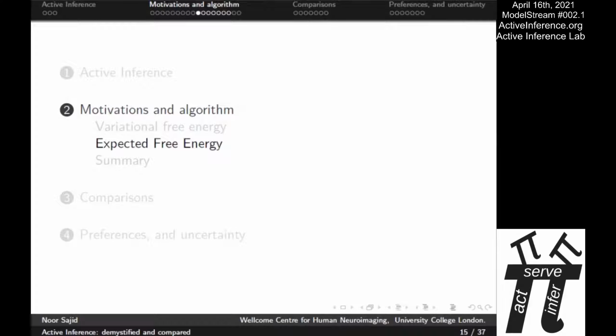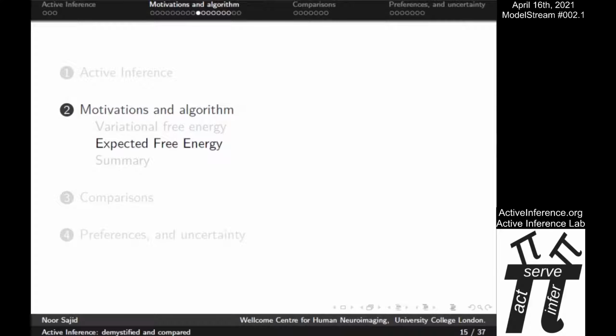Okay, so the variational free energy gives us a way of perceiving the environment and addresses one part of the active inference formulation, which is making inferences about the world the agent is interacting with at a given point in time. However, we have not accounted for the active part, whereby the agent under the active inference formulation can take a series of actions or interact with the environment in such a way that it affects that environment in the future.